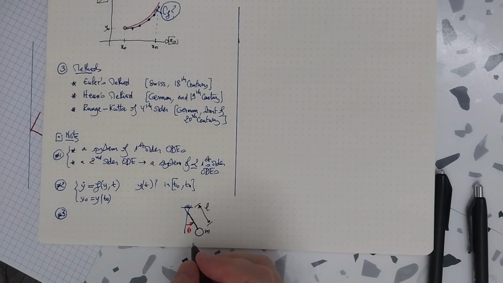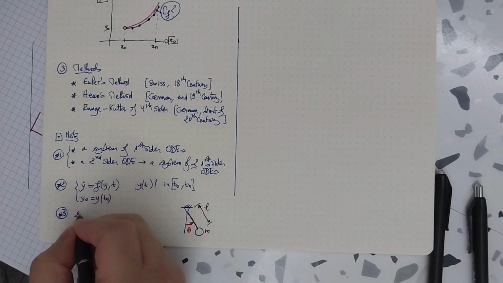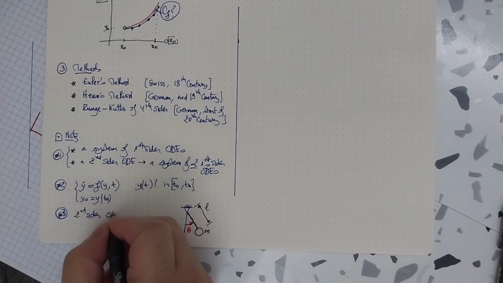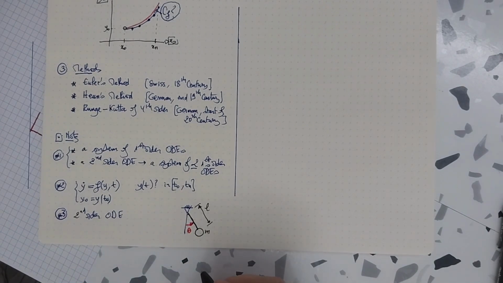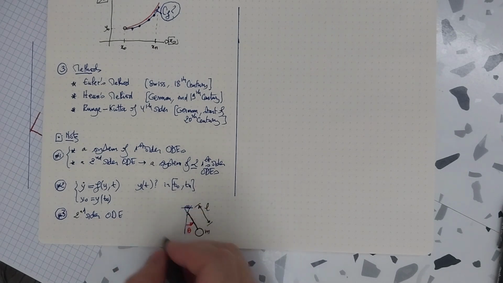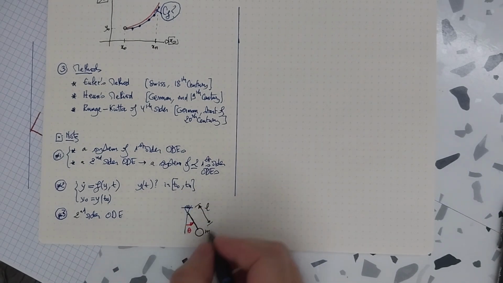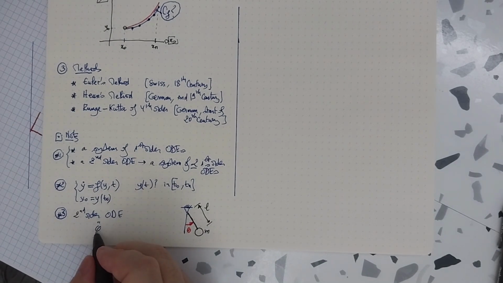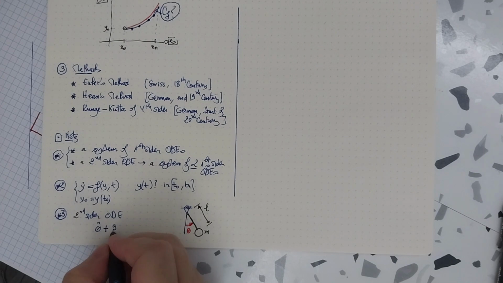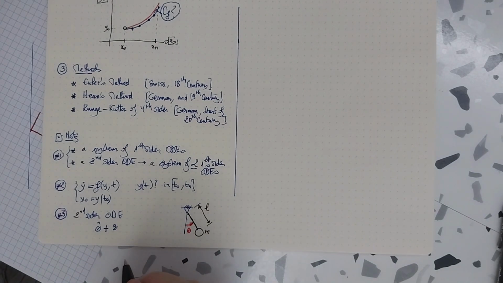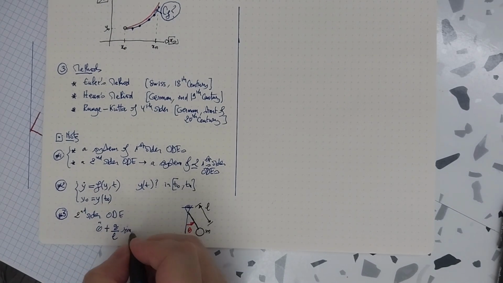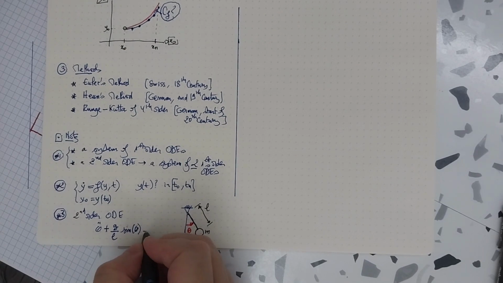When we study that in physics, we find the following second order ODE that models the physics of the pendulum: theta second derivative with respect to time of theta, plus g, the gravity acceleration, over L, sin theta, equals 0.